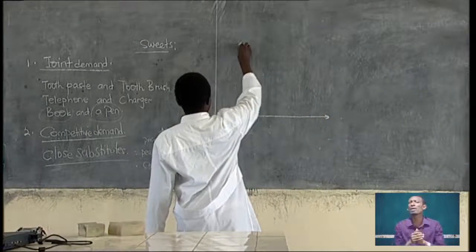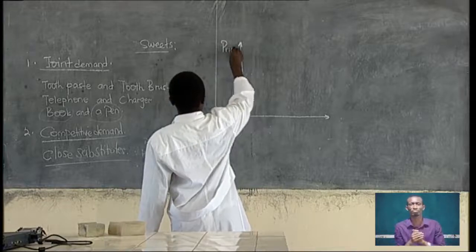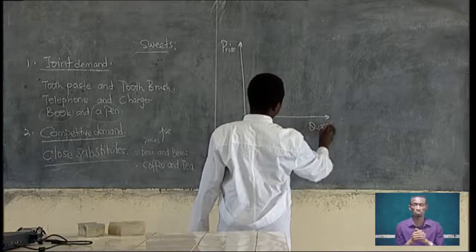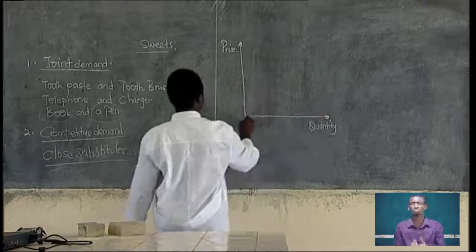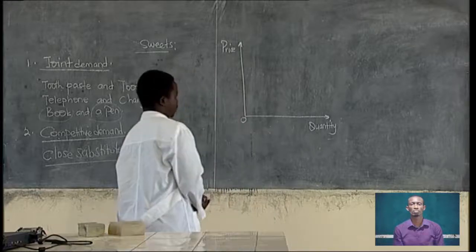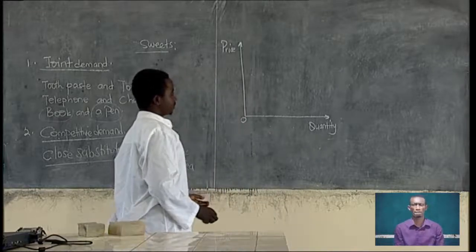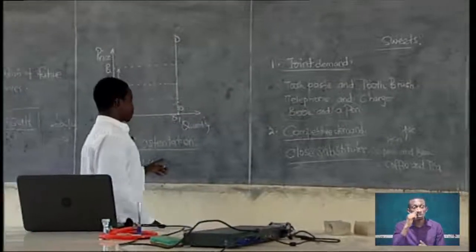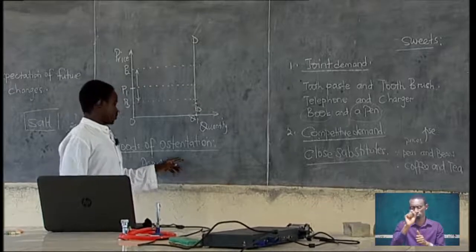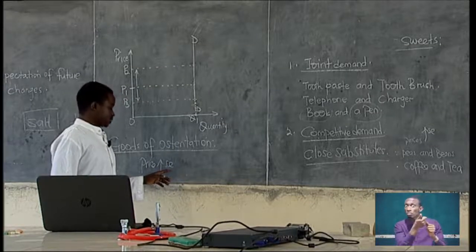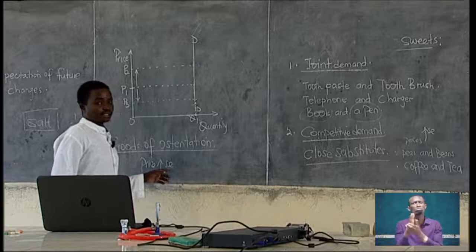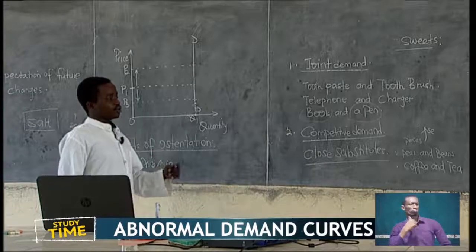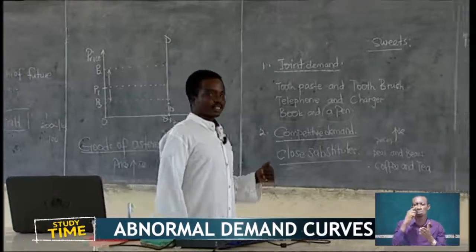If this is our price, and this is our quantity demanded, what happens now? We have said that with goods of ostentation, when the price of these goods increases, these people will buy more of the commodity to emphasize their economic status. Goods consumed for prestigious reasons.